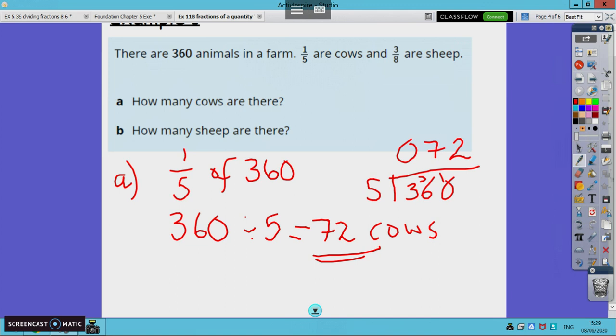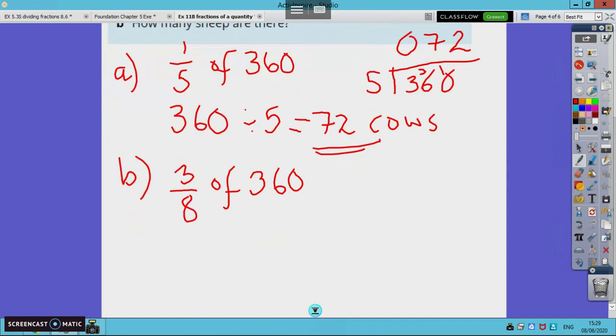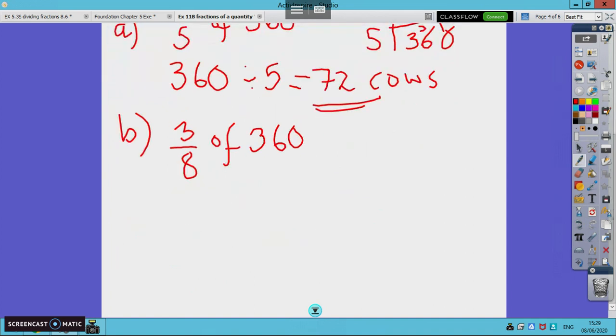Now next we need to find out the sheep. So B is 3/8 of 360. We divide by the 8, multiply by the 3. Let's do that a little bit further down with more space. We need to do 360 divided by 8.